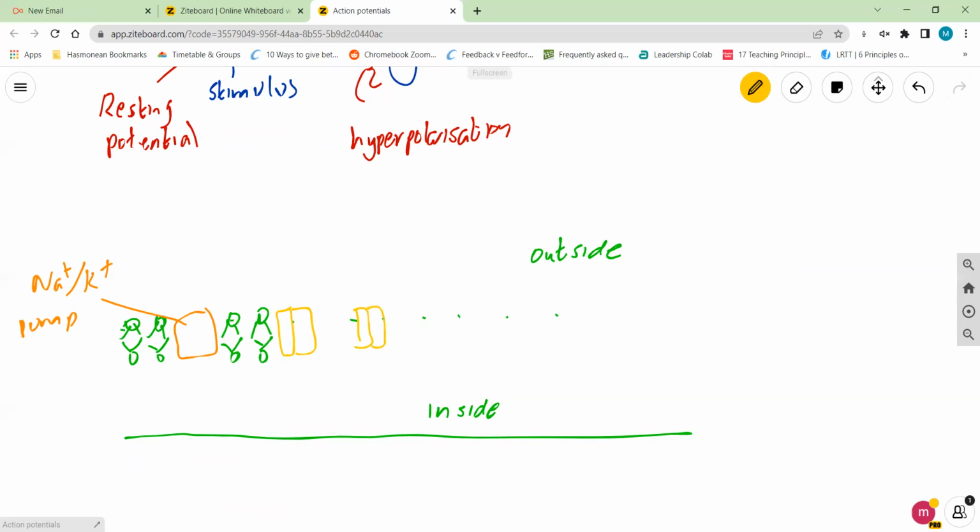These are sodium channel proteins, and they can exist in one of two types. They can be non-voltage gated, or they can be voltage gated. There are two different types, as we shall see.